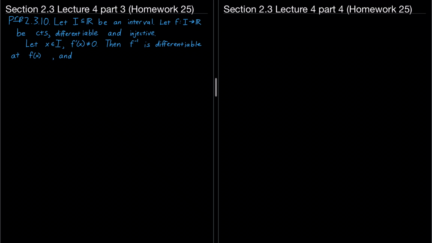Let's give f of x a name, let's call it zeta, and the derivative of f inverse at zeta, I can even tell you what that is. That is 1 divided by f prime of x.